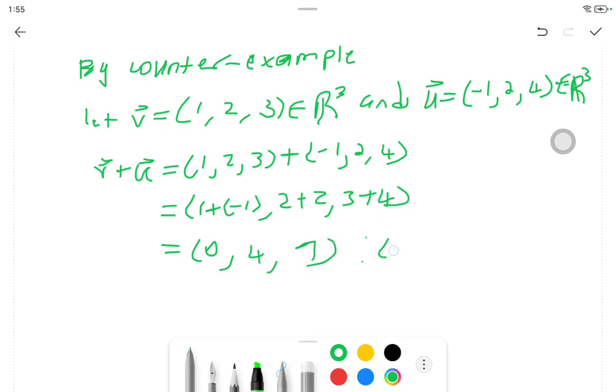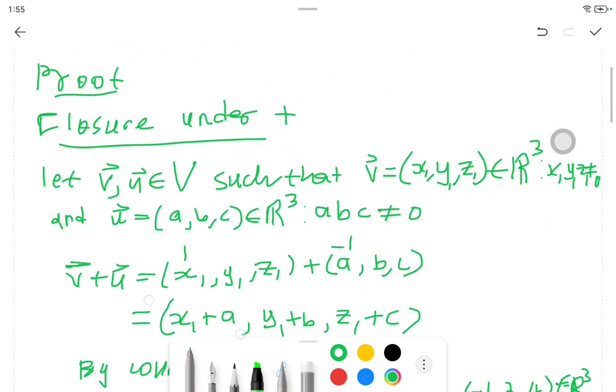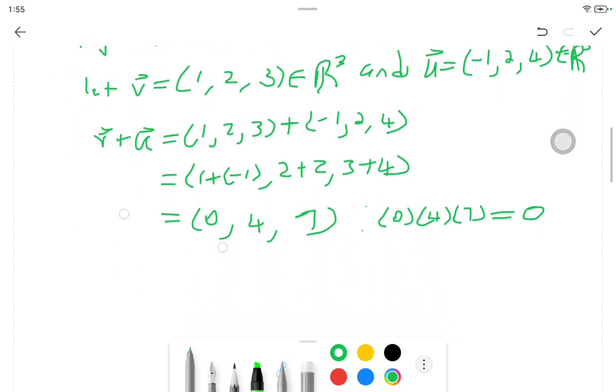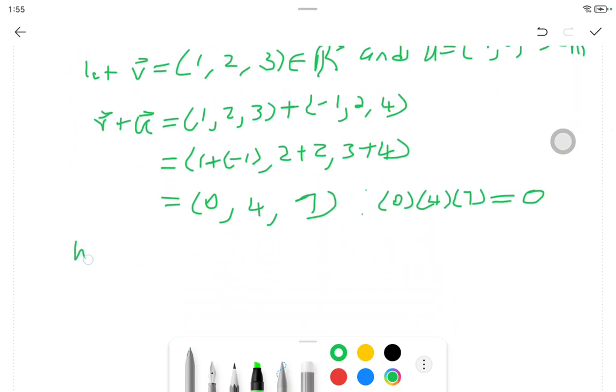But when I take this and I multiply them, I'm getting 0. And I'm not supposed to get 0. The condition says that this must not be equal to 0. You see, right? Hence, v plus u will not be an element of v.